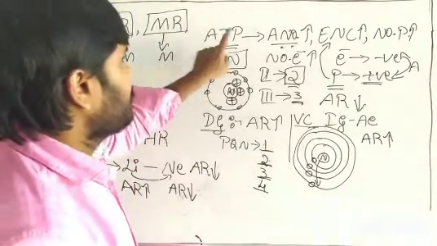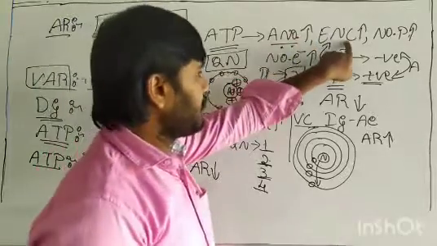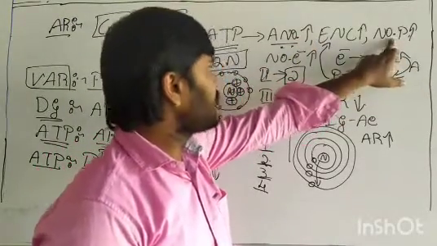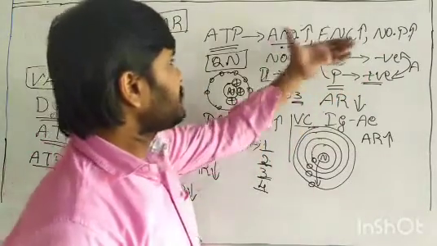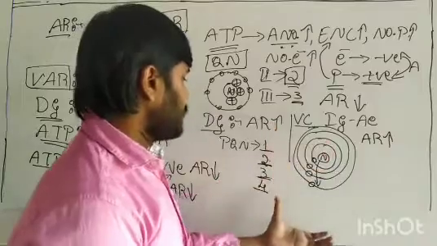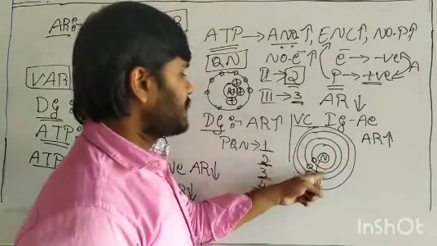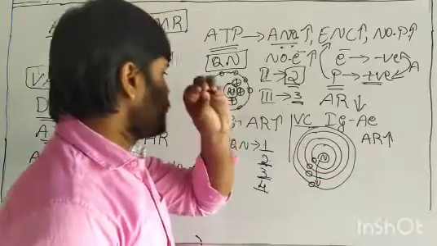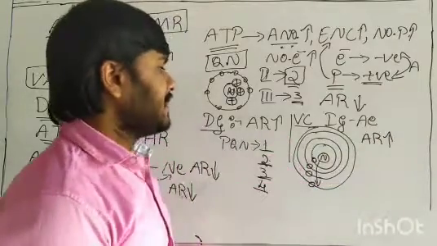Along the period, atomic number increases, effective nuclear charge increases, and the number of protons and electrons also increase. These things are the same when you move down the group, but the only condition is the distance between these two increases, so the attractive force decreases, so atomic radius increases.